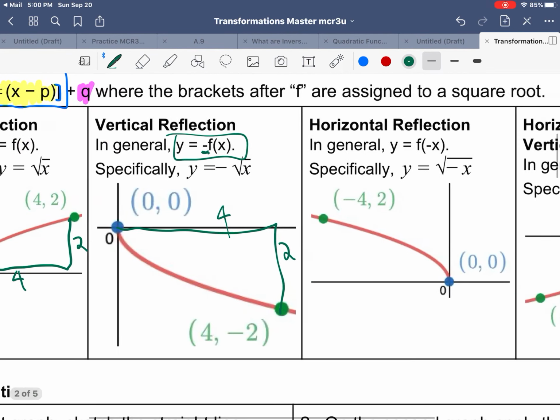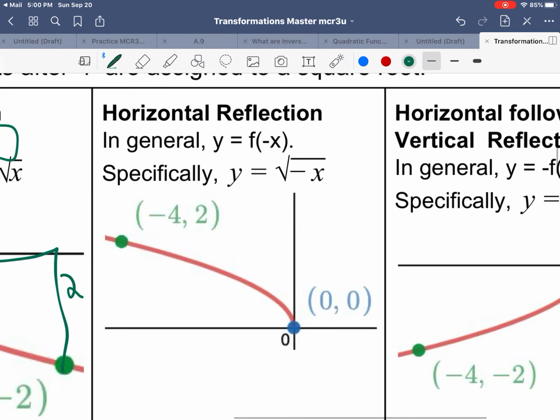Okay, what about a horizontal reflection? In this case, the negative goes inside. It's applied to x. X goes horizontal side to side, so it makes sense that it's a horizontal reflection. So normally, we would be at 4, 2. With a horizontal reflection, the x part becomes negative 4, 2.